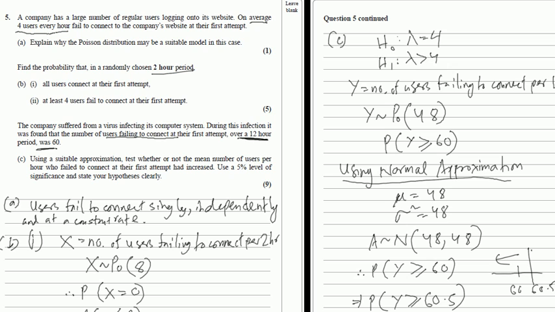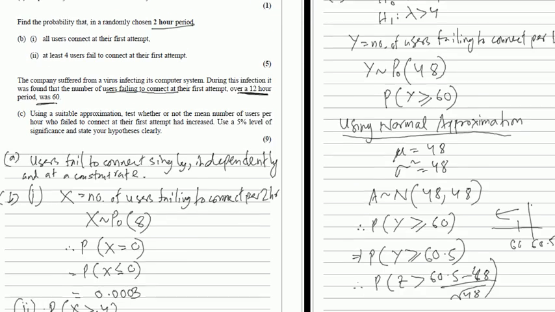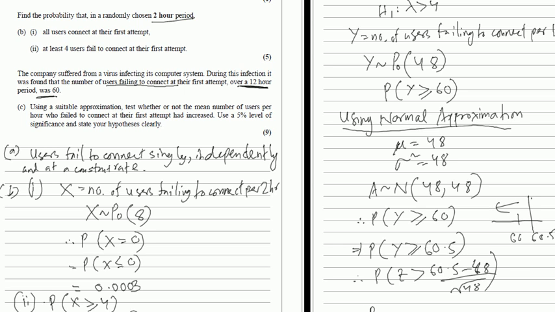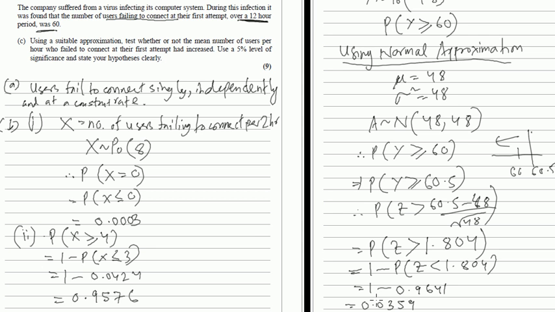So the probability of z is greater than (60.5 minus mu, which is 48) divided by sigma, which is the square root of 48. After the calculation, we get 0.0359.